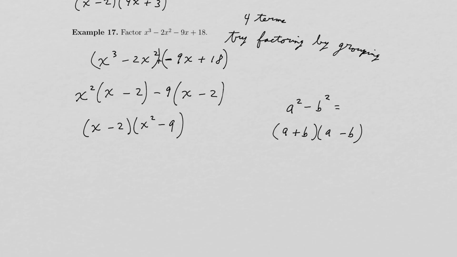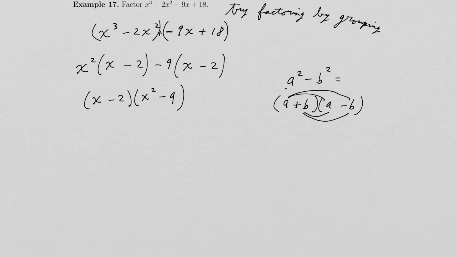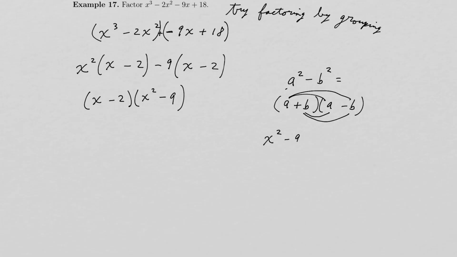You can prove this by foiling it back out, right? You're going to get a squared minus ab plus ab. They're going to cancel, and then minus b squared. So I get the original a squared minus b squared. So this term right here can be written as something squared. In fact, it's x squared minus 3 squared, since 9 can be written as 3 squared. So the a is the x in this case, and the b is the 3.